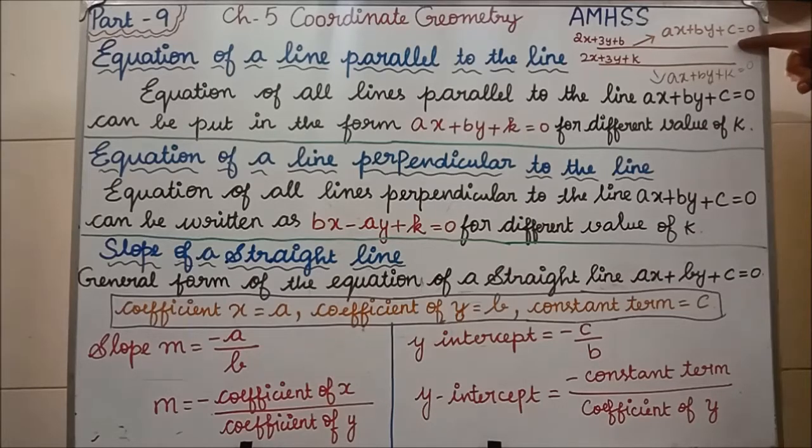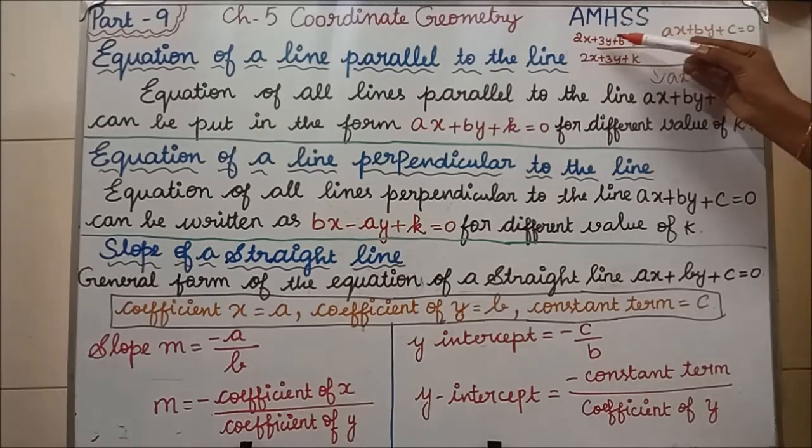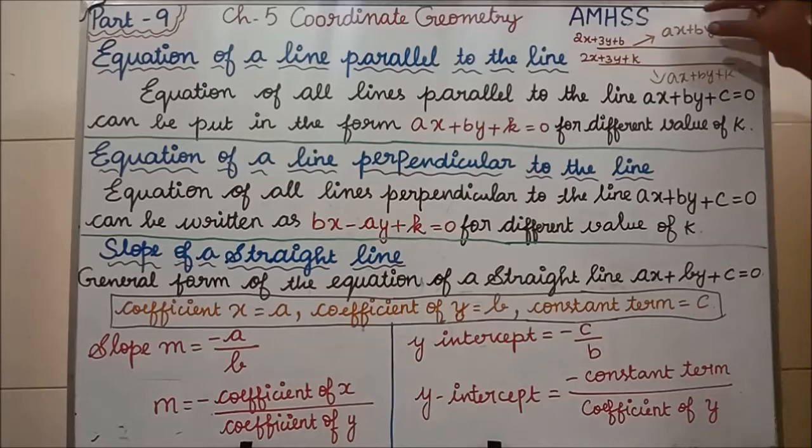So for this straight line equation, if you are drawing any parallel line, the first two terms will be the same. Clear? Only the constant term will differ. Here constant c, here k. For example, I have written 2x + 3y + 6. This is the equation of a straight line.